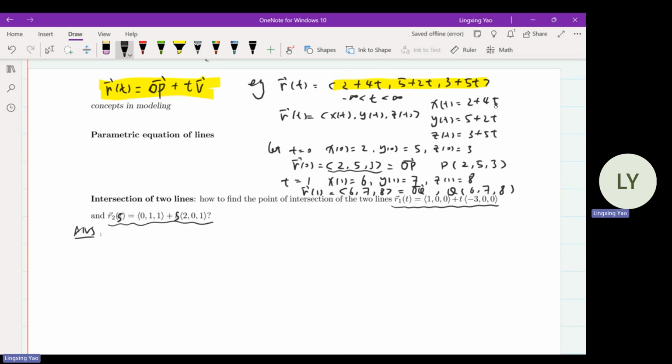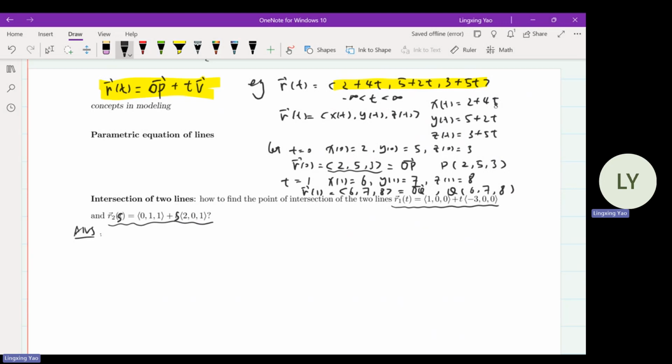Obviously here we use two different parameters, t and s, but they're still just parameters. We want to distinguish the letters just because we don't want to get confused about those two equations. We do know that in three-dimensional space, two lines may not intersect, but the question asks us to find the point of the intersection.